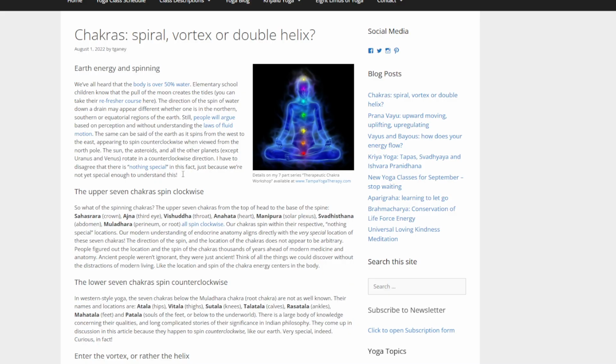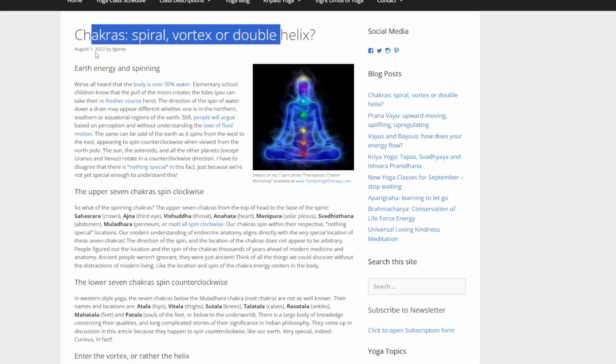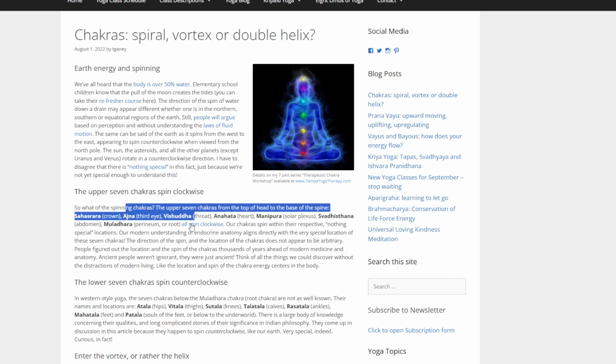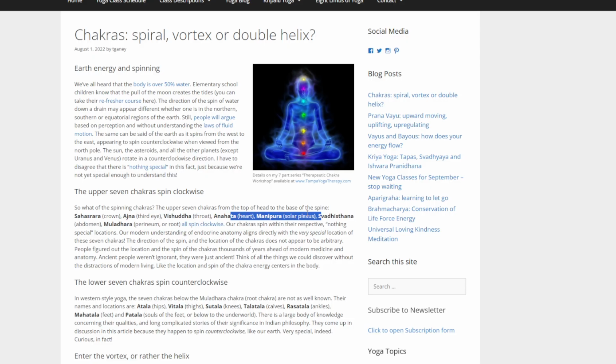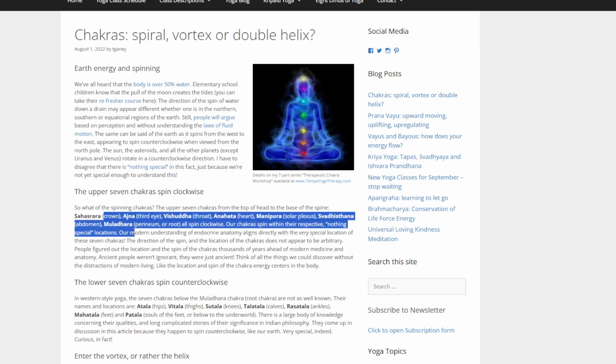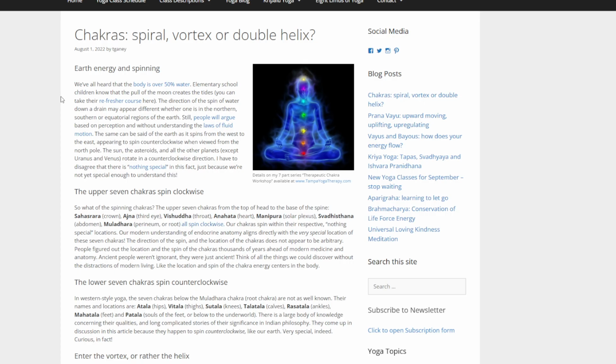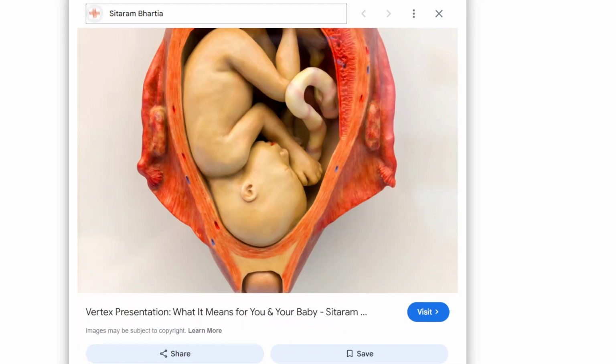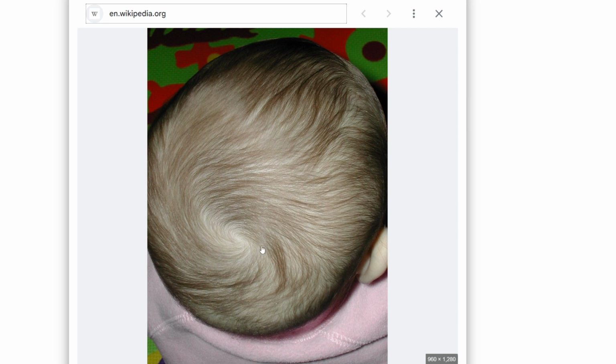Just a representation. Yeah, there is also another article I found, and they have also talked about a similar thing. So it's basically saying that all the spins happening on Sahasrar or anywhere the spins are happening, they are clockwise. So let's see. We saw this image, and this is clockwise. Yes.